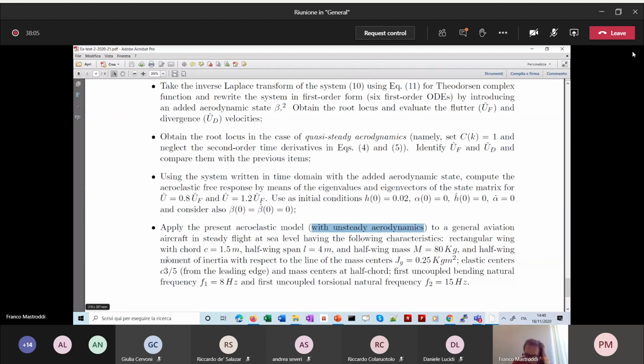And moment of inertia with respect to the line of mass centers 0.25 kilogram, axis center in this offset here, and first and second natural frequency of 8 Hz and 2 Hz.